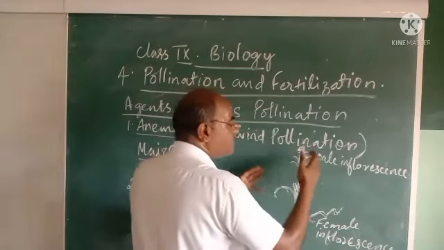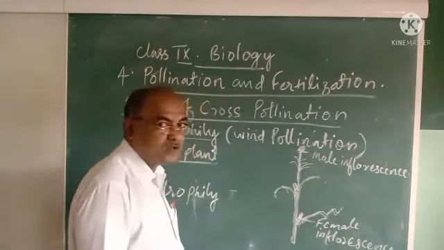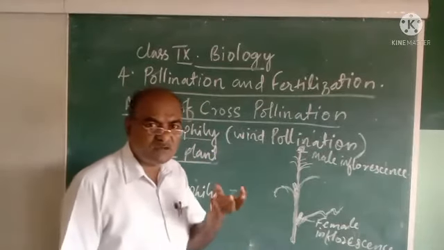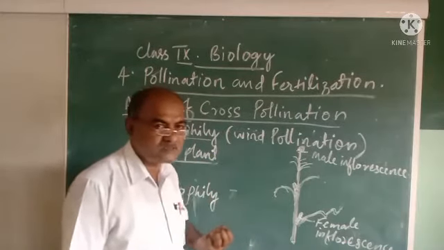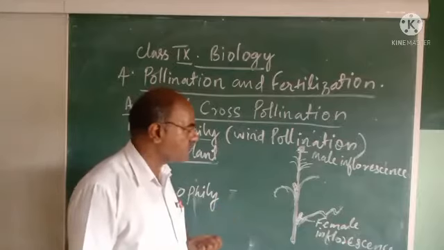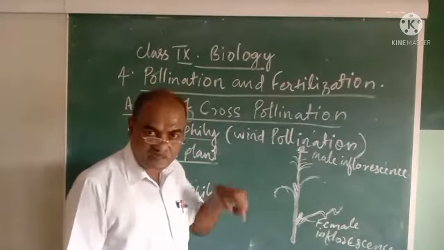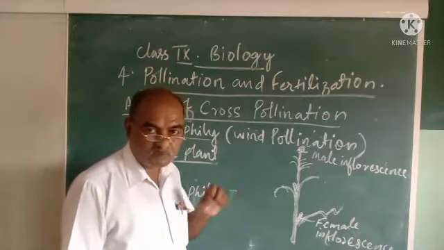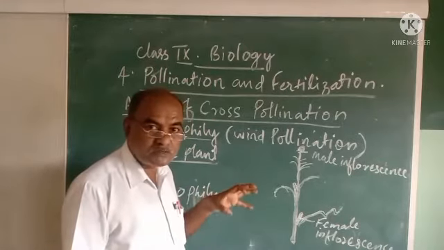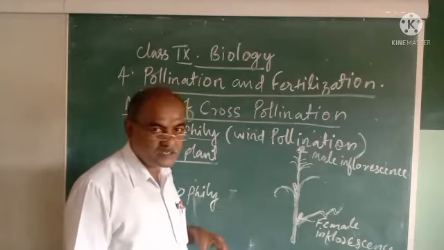Inflorescence means what? A cluster of flowers, all formed together. That is what is called the male inflorescence. In the male inflorescence only anthers are formed. And what does the anther produce? The pollen grains. Understand?